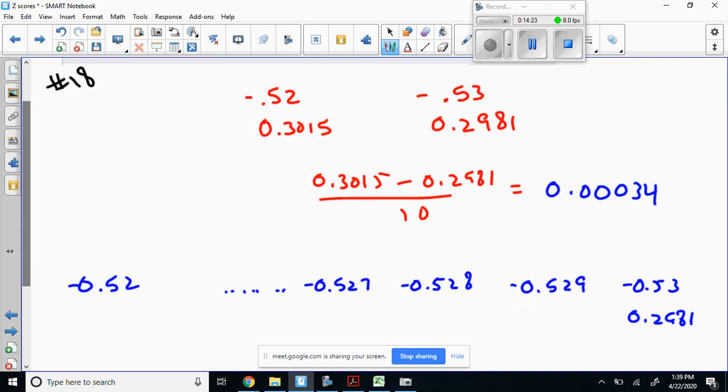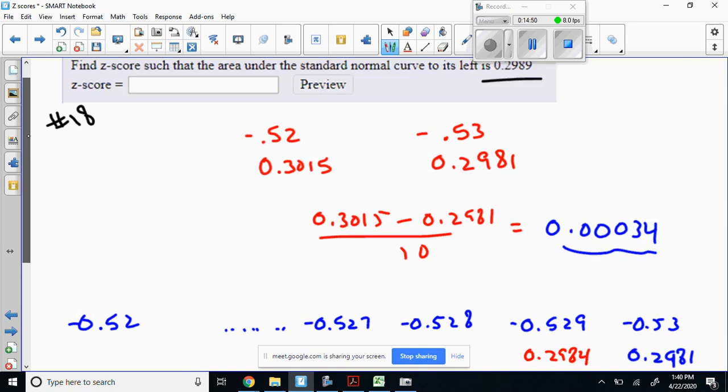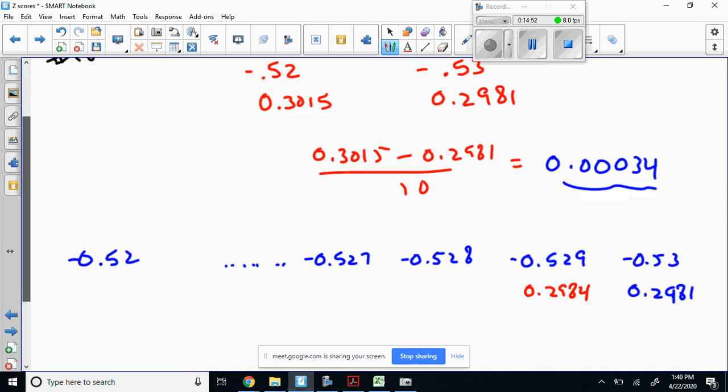So if I take this and add 0.2981 plus 0.00034, I get 0.2984. Well, that's still not what? 89, is it?